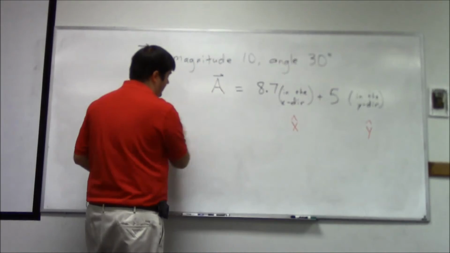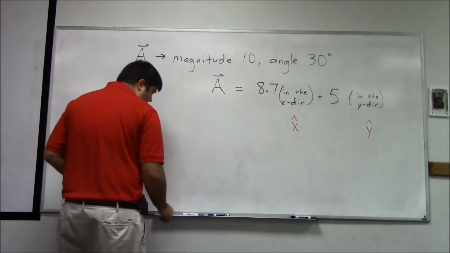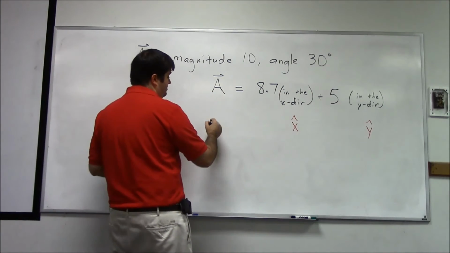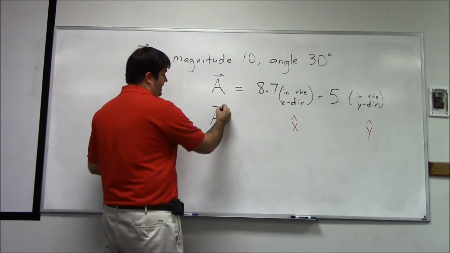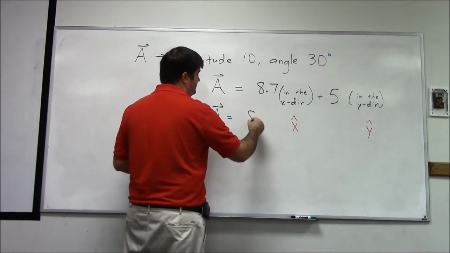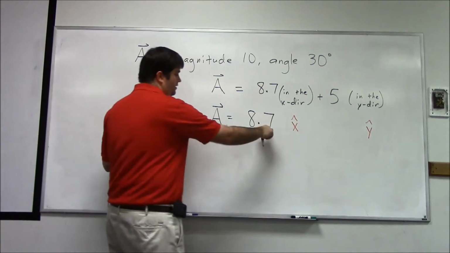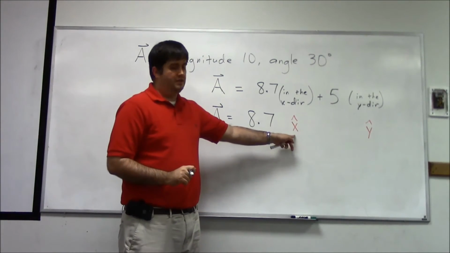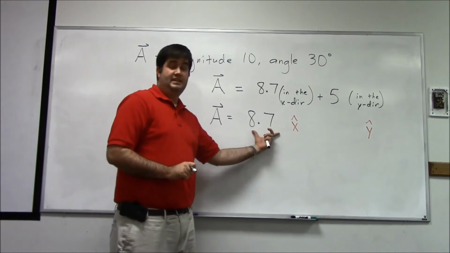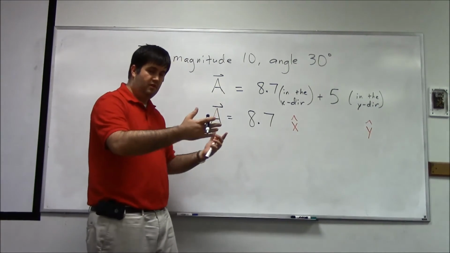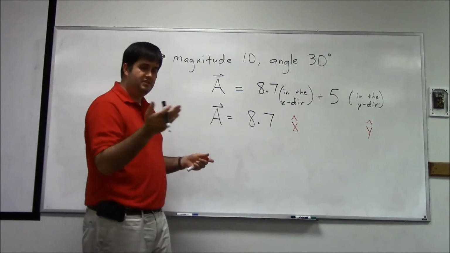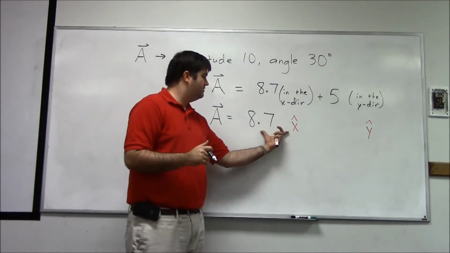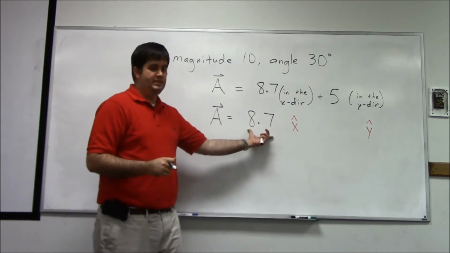The point of them being unit vectors, of them being magnitude 1, means I can use them for purposes like what I've written here. I could express vector A as being some magnitude of a component vector multiplied by a unit vector. So this together is a vector itself. You know, the components of vectors are also vectors. They just only point along the x-axis or the y-axis or the z-axis. So here's a vector. Its magnitude is 8.7.